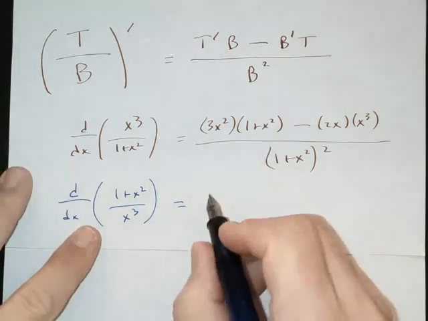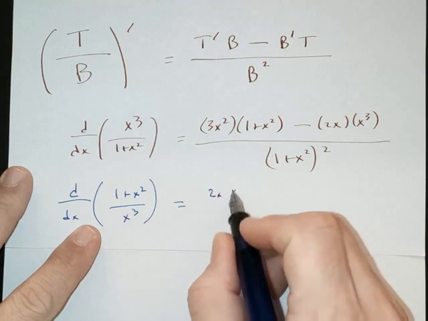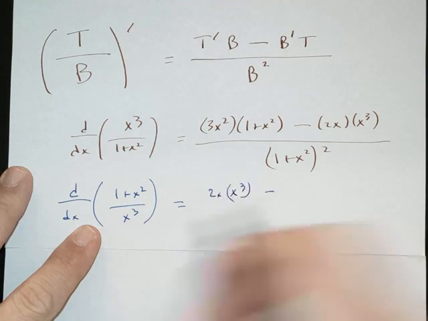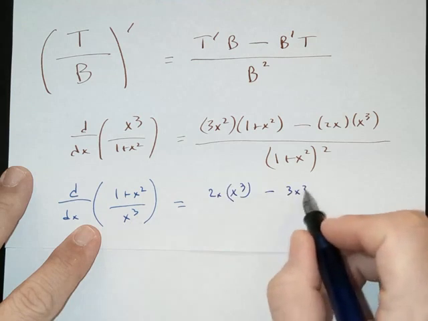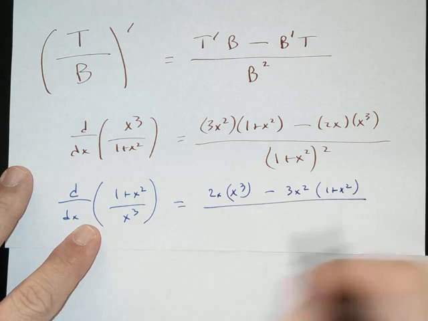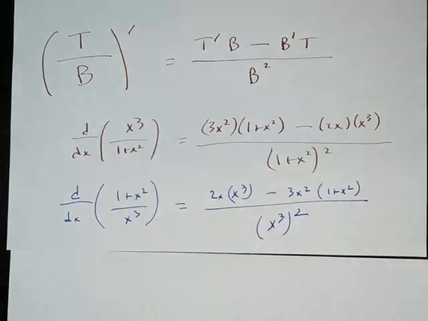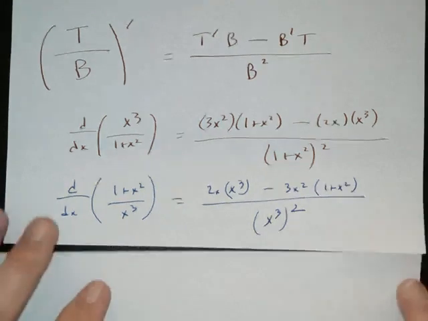What's the derivative of the top? And then we leave the bottom alone. Minus derivative of the bottom, leave the top alone, divide by the bottom squared. This is the same thing. Let's do some algebra.